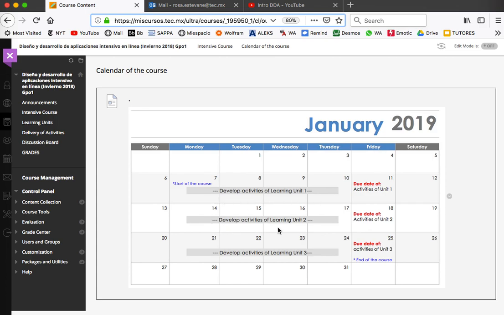Every week we will be working basically on one learning unit. On Fridays you are supposed to hand in all the activities included in each unit, but Friday is the due date. That doesn't mean you cannot deliver activities any other day, quite the opposite.